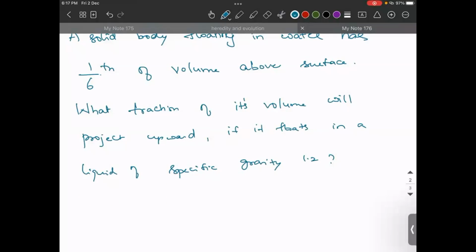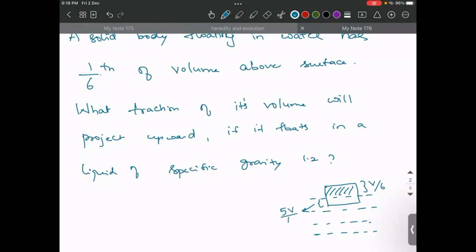So if you read it, the question says there is a liquid like this, and in that liquid there is a solid that is immersed, so that V/6 volume is outside. So what is the volume that is present inside the surface?